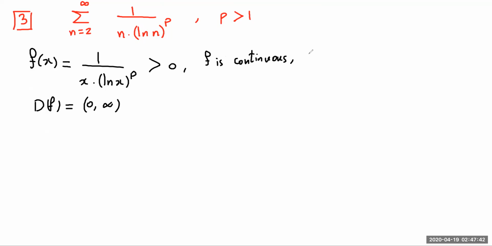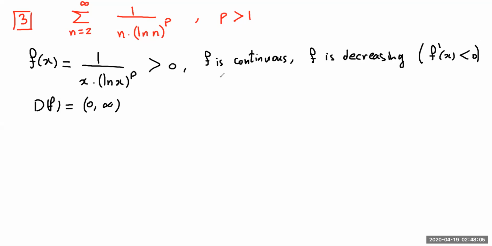And f is decreasing. You can verify by calculating the derivative and verifying that the derivative must be negative. Okay. Now, let's take the integral.